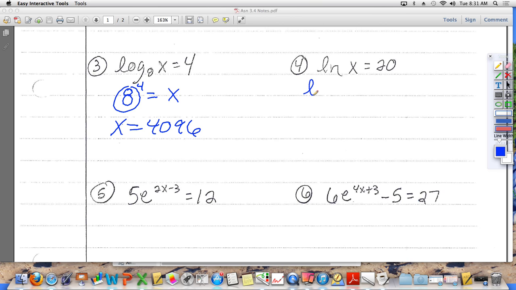So I'm going to change this to log base e of x is equal to 20. Now what do I do? It's a logarithm and I don't know how to solve it, so you're going to change it to exponential form. Make e your base with the exponent of 20 equals x.